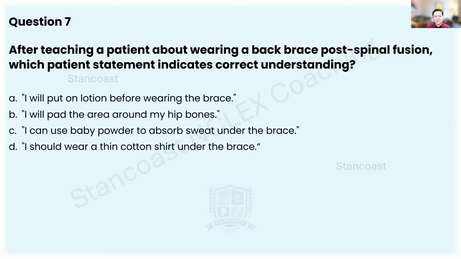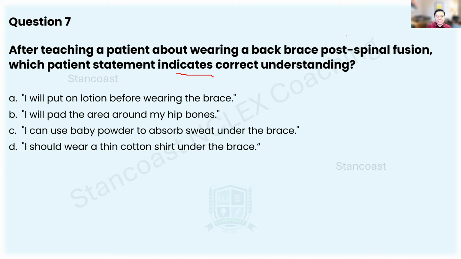Is it B, I will pad the area around my hip bones? Or C, I can use baby powder to absorb sweat under the brace? Or is it D, I should wear a thin cotton shirt under the brace?